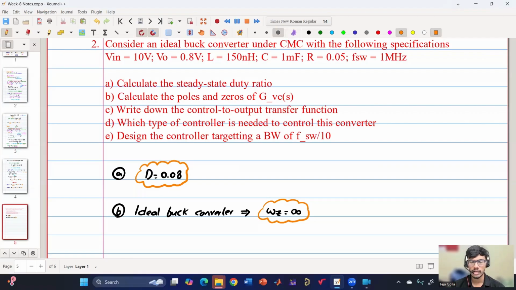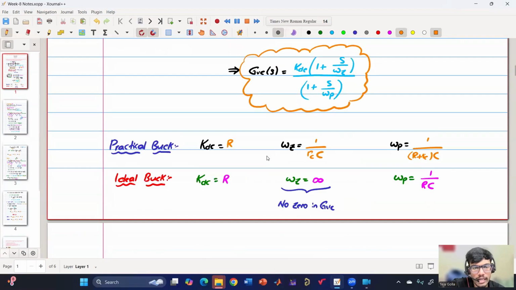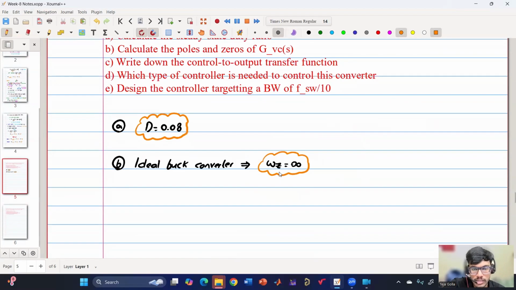So has anyone calculated the pole? 20,000. Okay. If we go back, we know that for an ideal buck converter, omega p is 1 by RC. So let us calculate omega p.